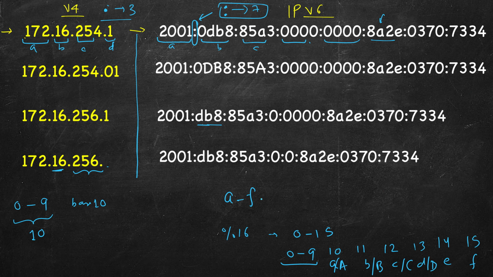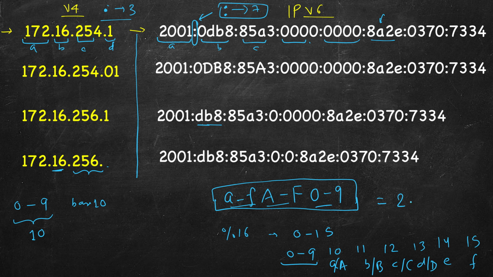The range is A to F, and 0 to 9. Each character should be one of these: 6 plus 6, 12 plus 10, 22 values. No other character. So you will see that it follows all of those.